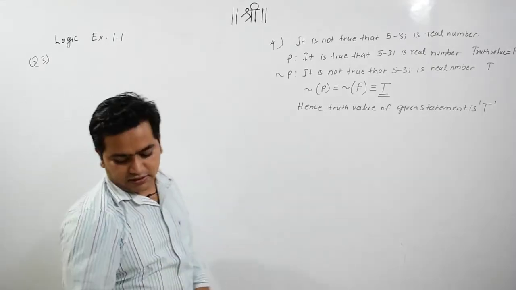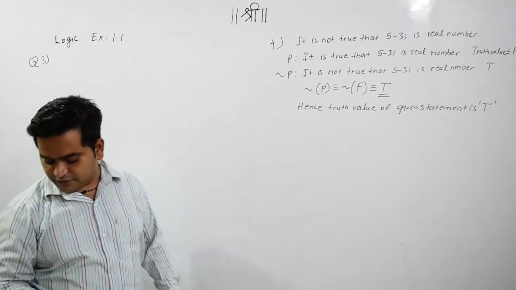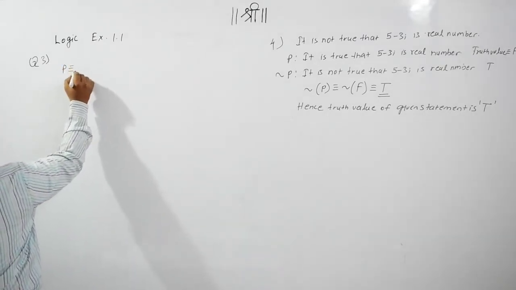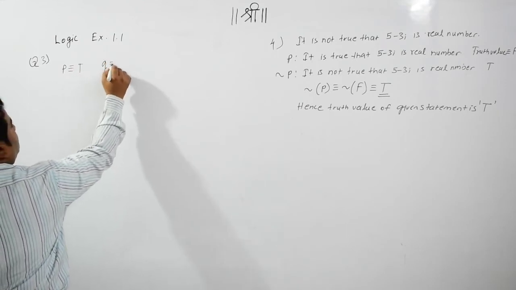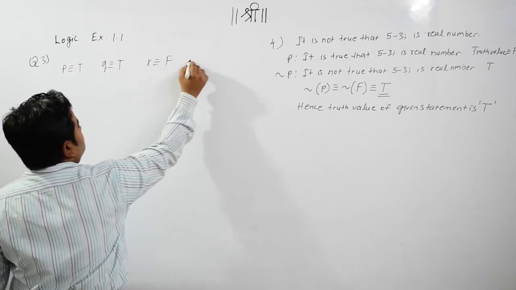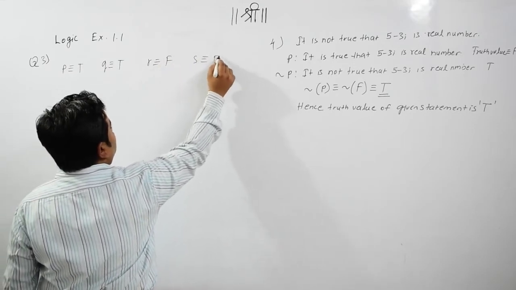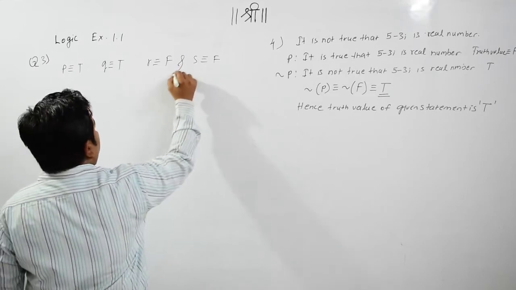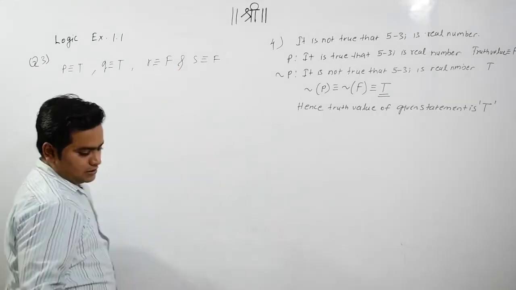I would like to write the given things first. P and Q are true, so P is equivalent to true, Q is equivalent to true, R is equivalent to false, S is equivalent to false. Okay, done. Now the next step.